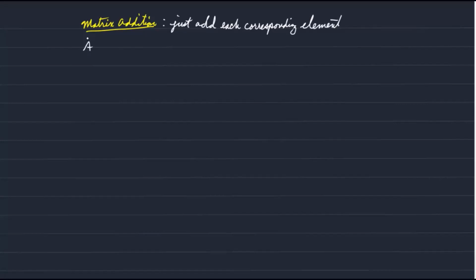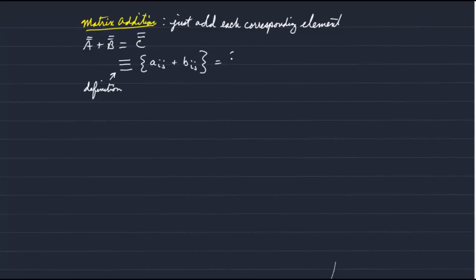So we would write the addition of matrix A plus matrix B, for example, as matrix C. And we would define the sum, where the triple bars mean a definition, as the ijth element of A plus the ijth element of B. Right? So that means that the ijth element of the sum is equal to the sum of those elements of the individual matrices. So that's relatively simple.